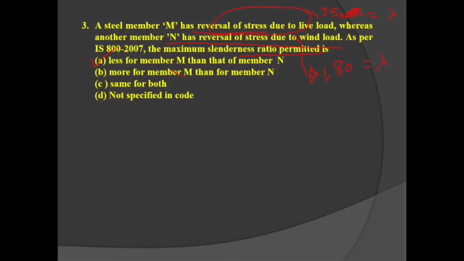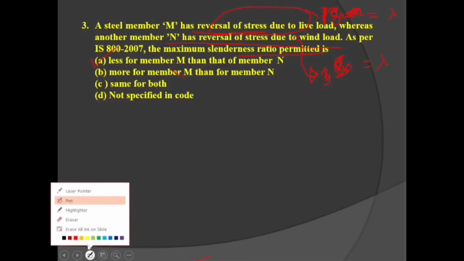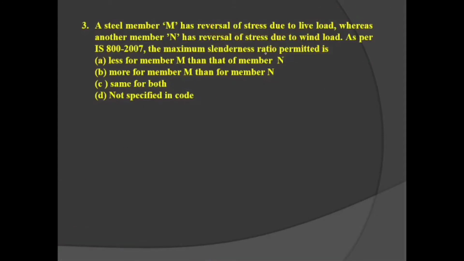Here, reversal of stress due to live load, my mistake, it is 350, and due to wind load it is 180. So this value is 180 and this value is 350. Value of lambda.